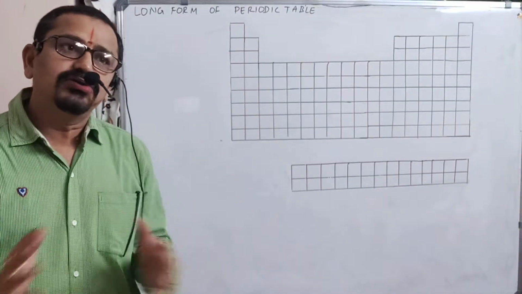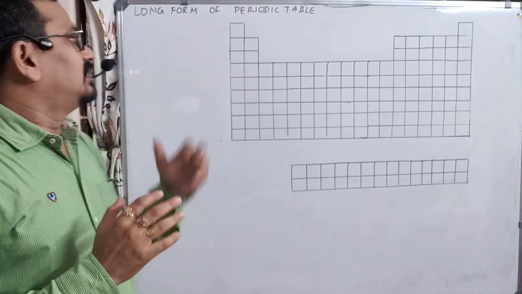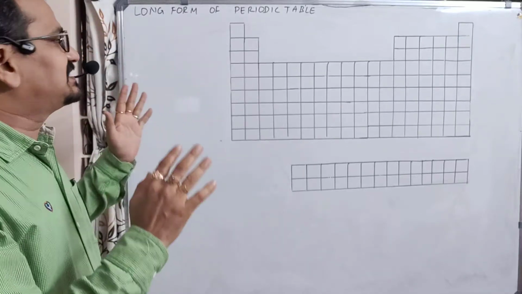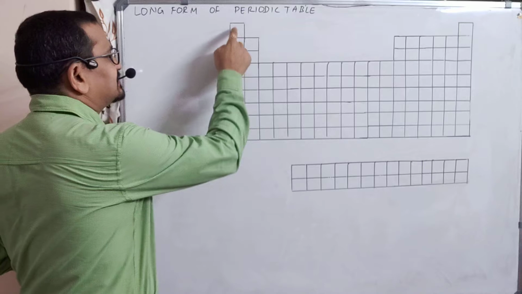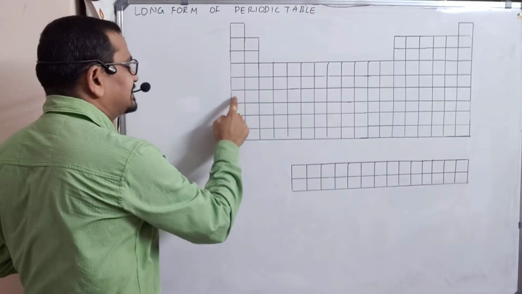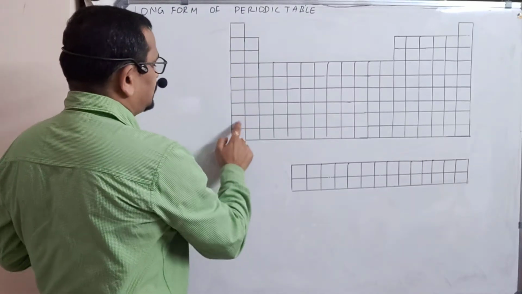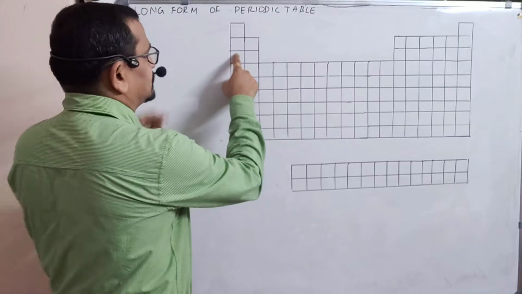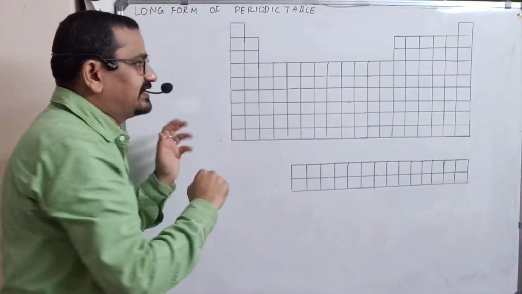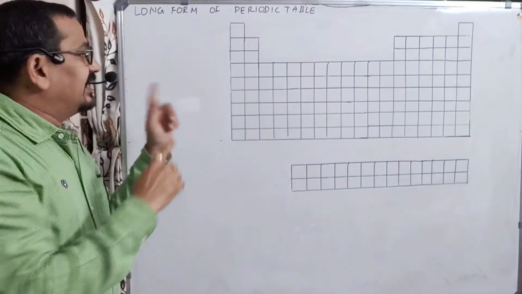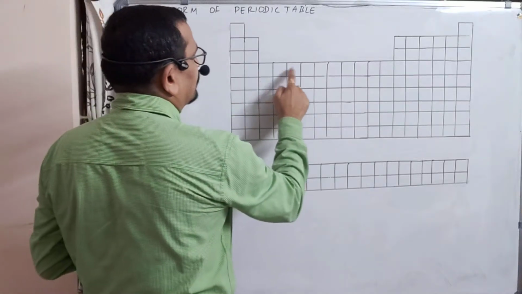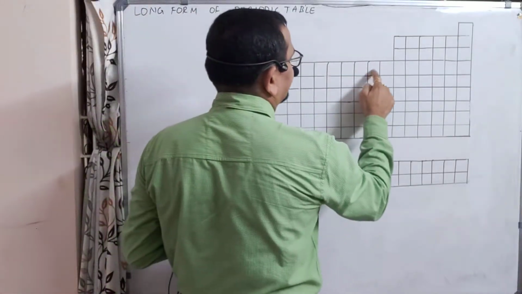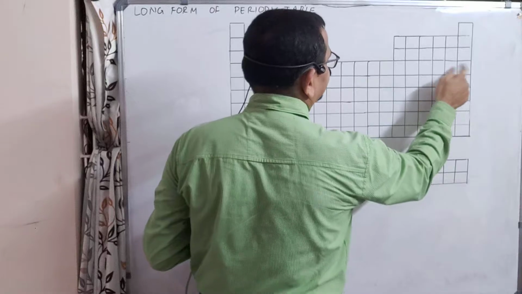Thus, in the long form of periodic table, the elements are arranged in 7 periods: 1, 2, 3, 4, 5, 6, 7. So, 7 periods and 18 groups: 1, 2, 3, up to 18.